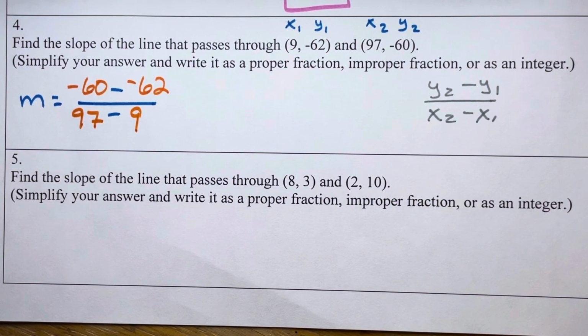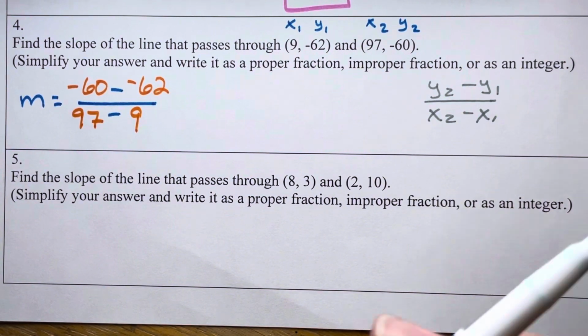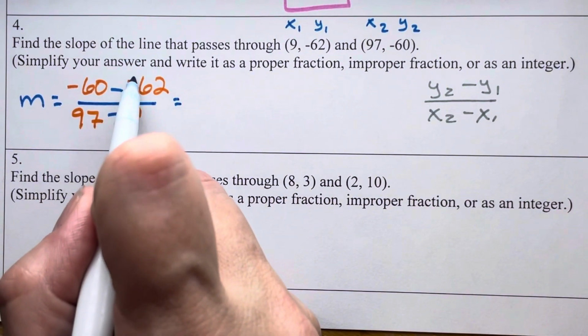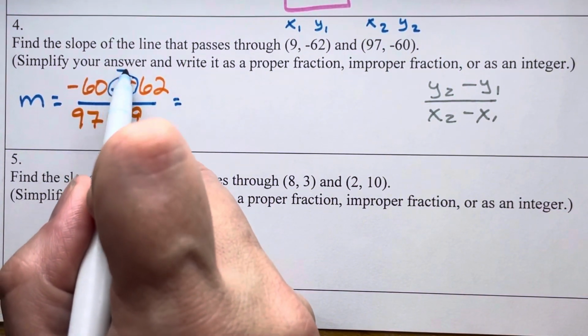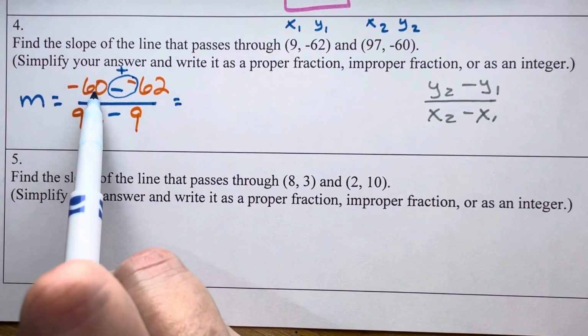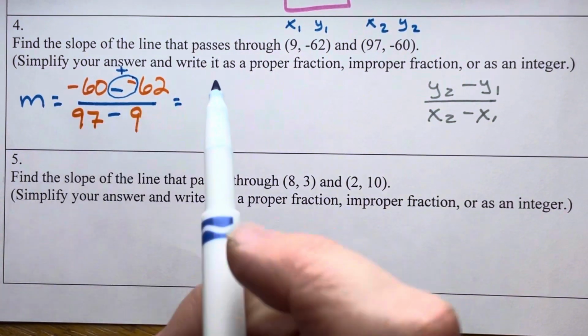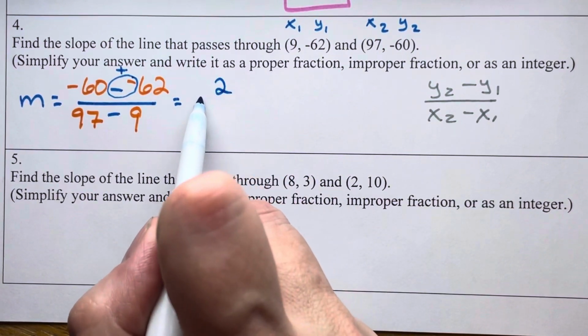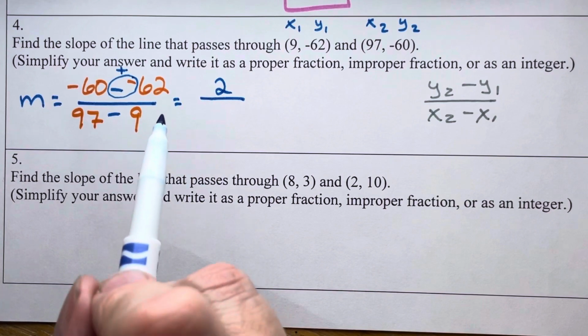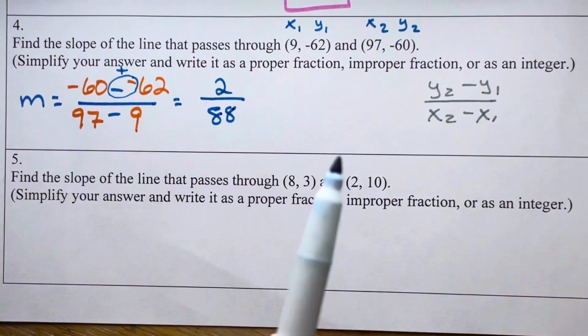Let's do our subtracting and see what we get. We know that a negative and a negative side by side make a positive. And that means that negative 60 plus 62 is a positive 2. While 97 minus 9 is 88.